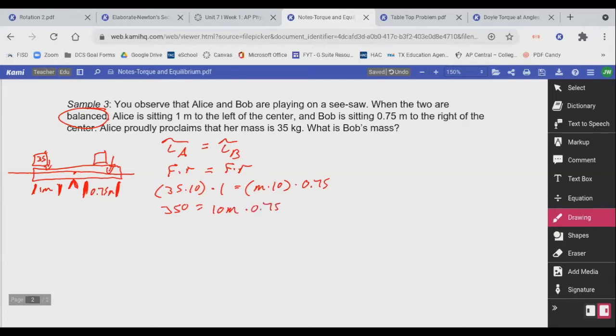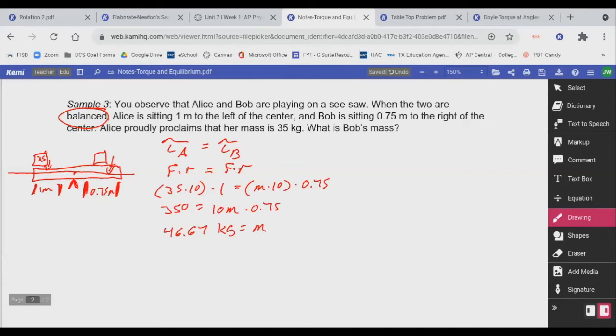I'm just going to use my calculator real quick. I have 350 divided by 10 and then divided by 0.75. I got 46.67 when I did the math. 46.67 kilograms would equal Bob's mass.